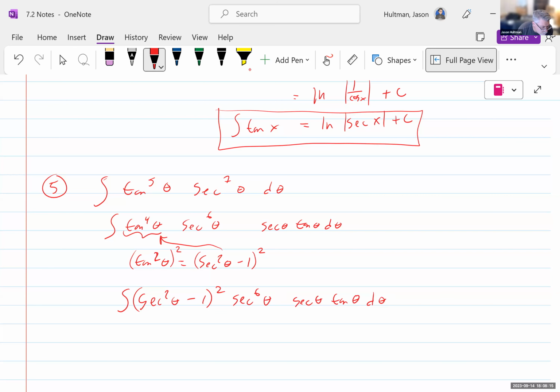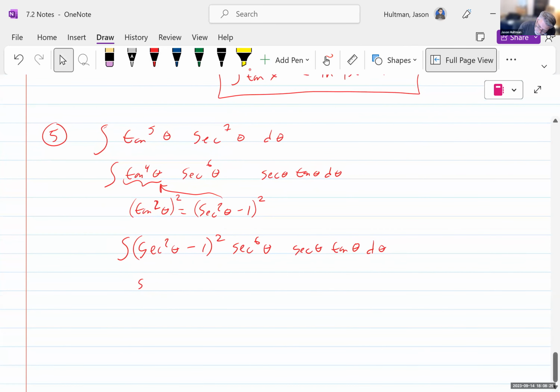So far, so good? Okay, so what happens when I multiply this out? I get secant to the 4th of theta minus 2 secant squared theta plus 1 times secant to the 6th theta times my secant theta, tangent theta, d theta.